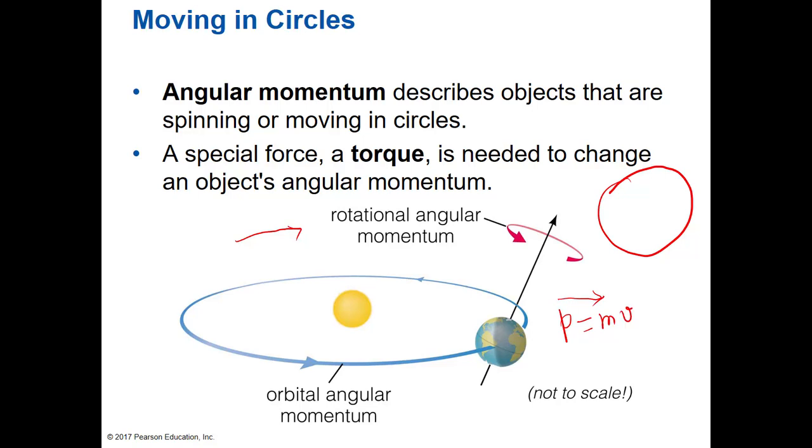The angular momentum is usually denoted by L, and it is defined as the mass times velocity times r. And what is r? r is the radius. We talk about the angular momentum when it is moving in circles or spinning.